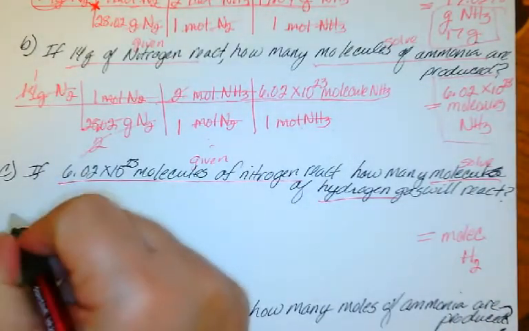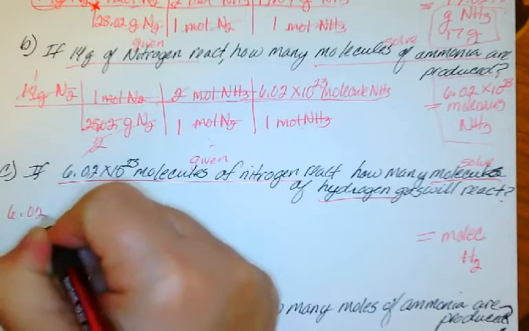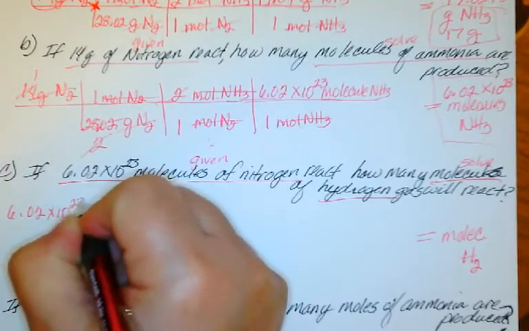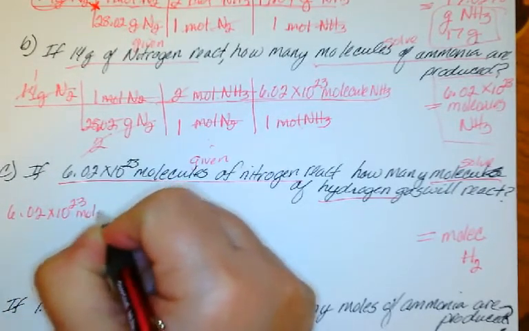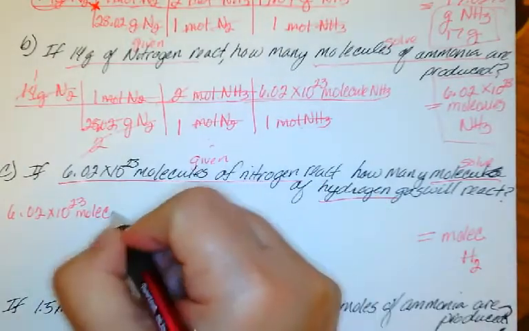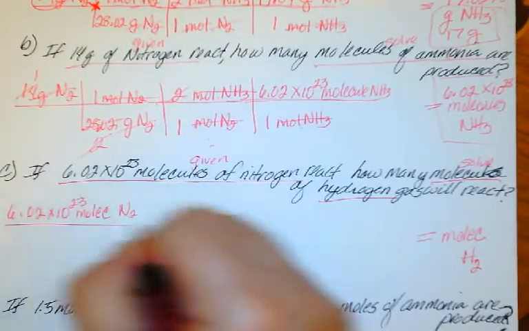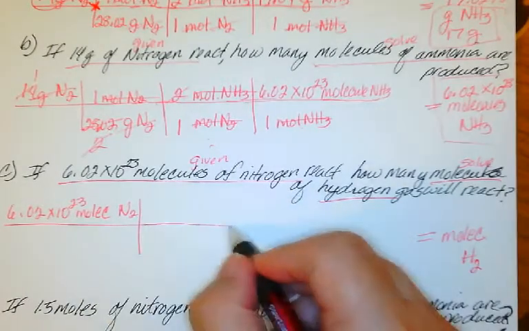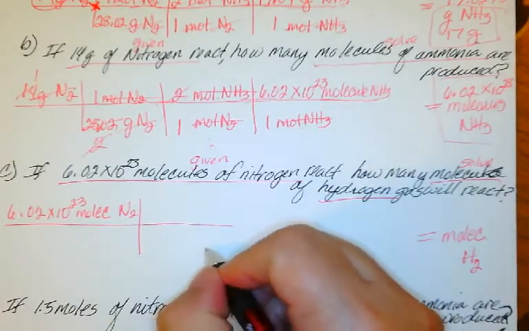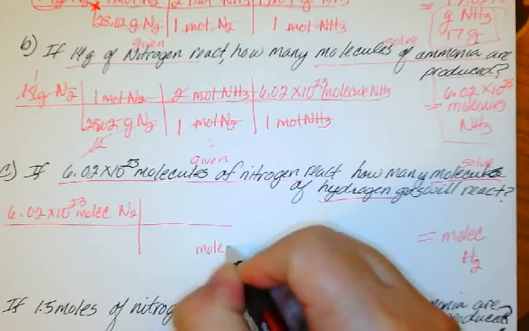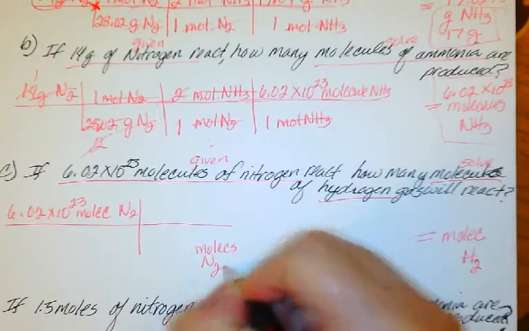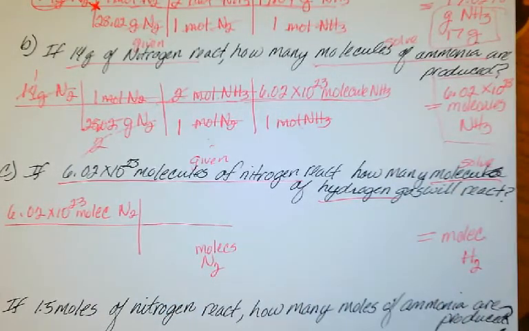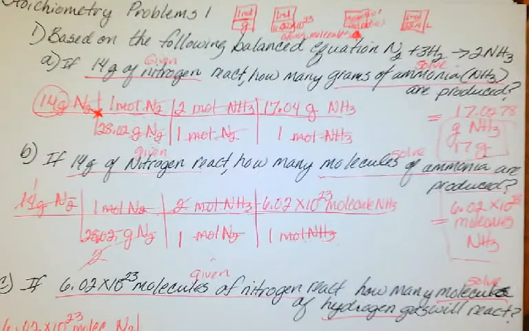Okay, so I'm going to start with my given, 6.02 times 10 to the 23rd molecules of what? Nitrogen, N2. Okay, so I have to use a tool that has molecules of N2 in it. Okay, so what has molecules of N2? Well, back up to my tools, the top.